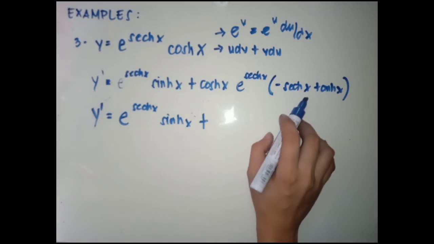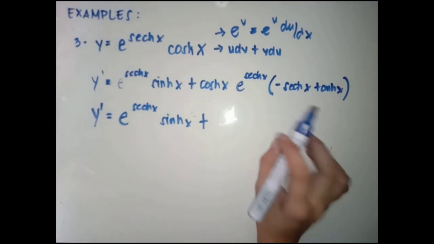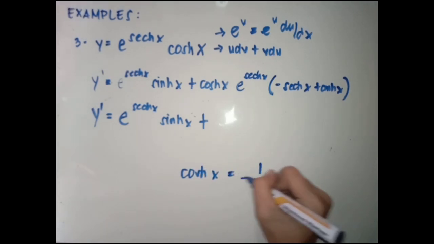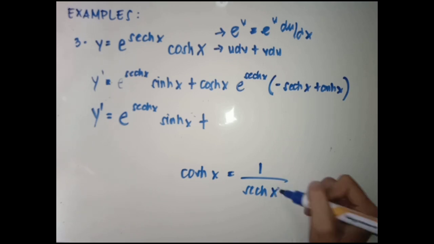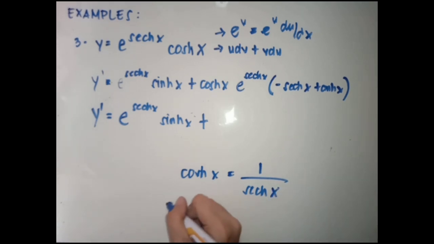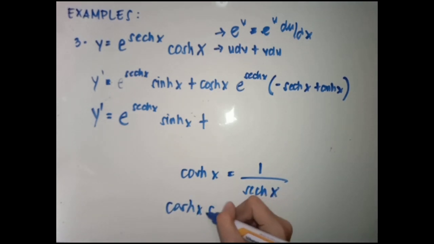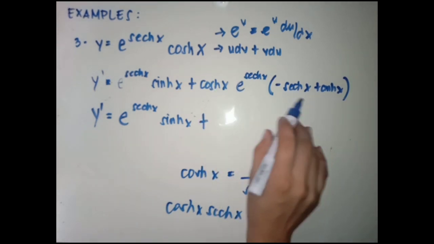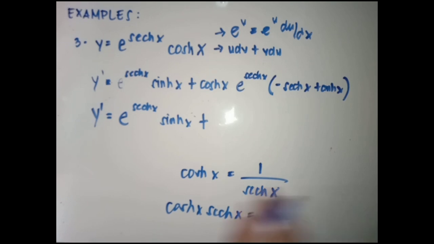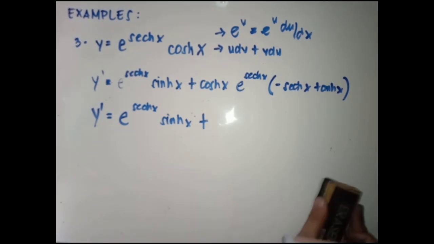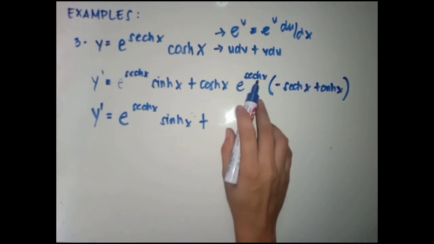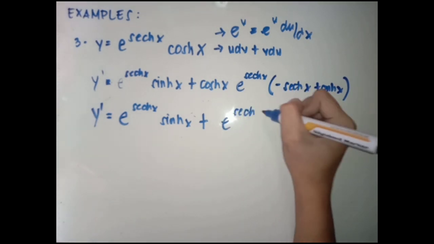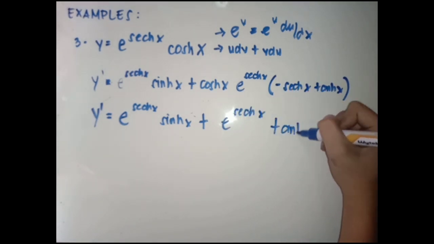If naka-remember mo sa reciprocal identities, ang hyperbolic cosine x is equals to 1 over hyperbolic secant x. Now, if i-times na nimong duha, we have hyperbolic cosine x times hyperbolic secant x is equals to 1. So, hyperbolic secant x times hyperbolic cosine x is equals to 1 na lang na. Or pwede din na lang isulat, e raised to hyperbolic secant x times hyperbolic tan x is equals to e raised to hyperbolic secant x times tan x.